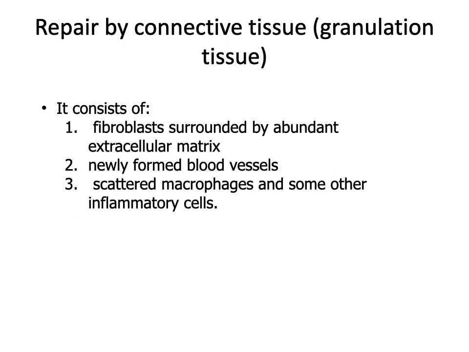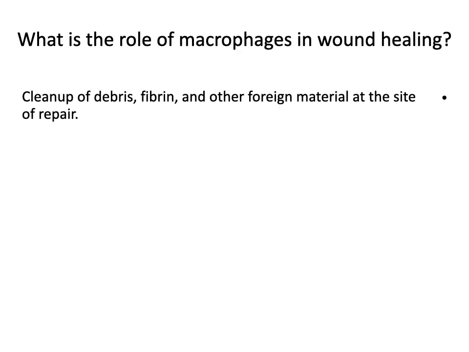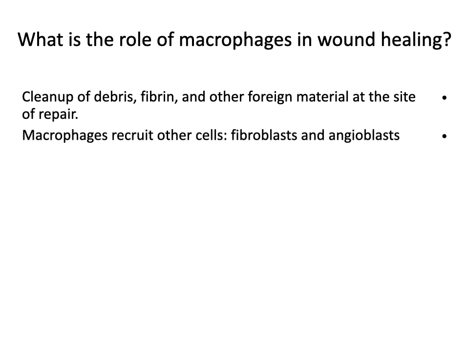Now, granulation tissue, as mentioned, is fibroblast formation of collagen, formation of blood vessels, and macrophages and other inflammatory cells to try to contain or clean up the debris left by the inflammatory state. Now, aside from cleanup functions, macrophages also secrete cytokines that will signal other cells to go into the sites, particularly fibroblasts and angioblasts.